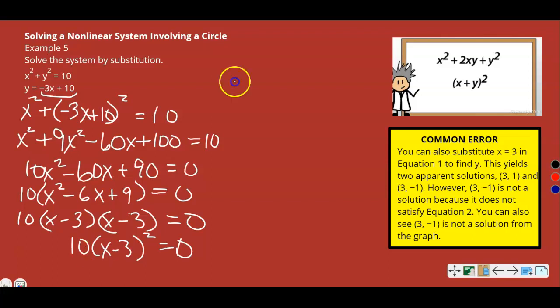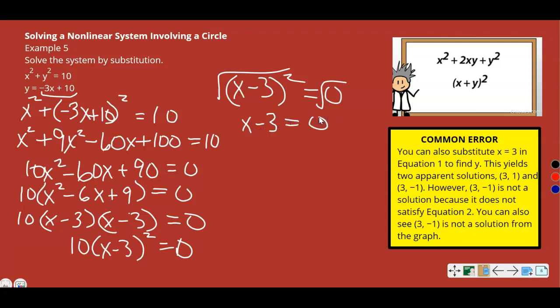So we're going to do x minus 3 squared equals 0. If you take the square root of 0, it's still just 0. So we're going to have x minus 3 equals 0. There's no plus or minus there because 0 is 0. That's not positive or negative.